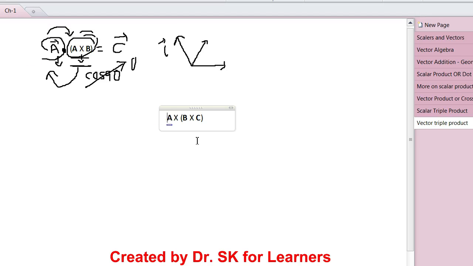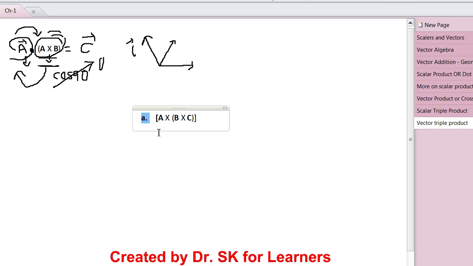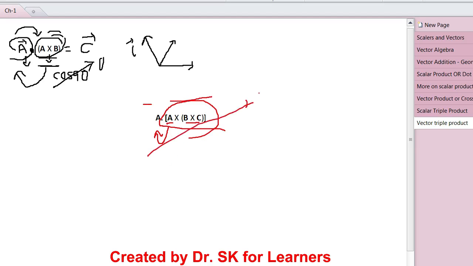And if you are trying to multiply this entire term with another quantity called A, like this, you know that this bracketed term will be perpendicular to both B and C, and then you are making a dot product with A. So you know that the angle between this vector and this vector is 90 degrees, so this term will vanish.